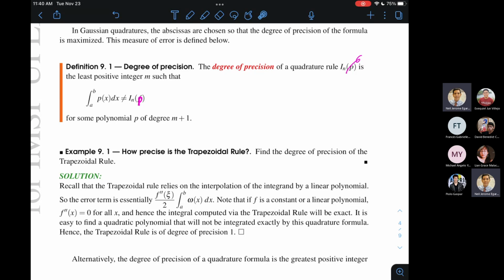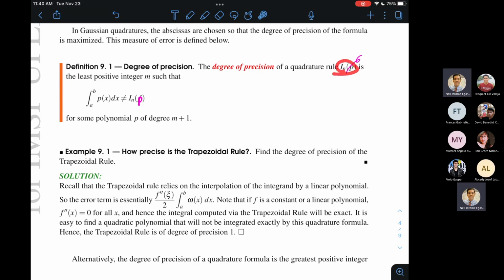Okay, the degree of precision of a quadrature rule is defined as follows. So please delete the "of p". The degree of precision of a quadrature rule is the smallest integer m such that the integral of p of x dx from a to b is not equal to the quadrature approximation for some polynomial p of degree m plus 1.